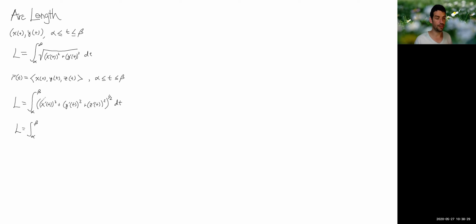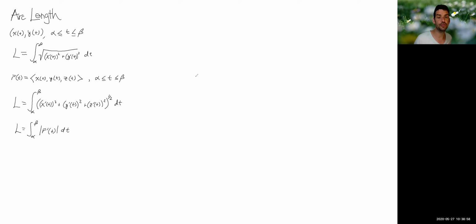If you notice what this integrand is, the square root of the sum of the squares of the derivatives of the component functions, that is simply the magnitude of the derivative of r, right? So this is exactly the same formula, it's just written in a much more compact form, okay?